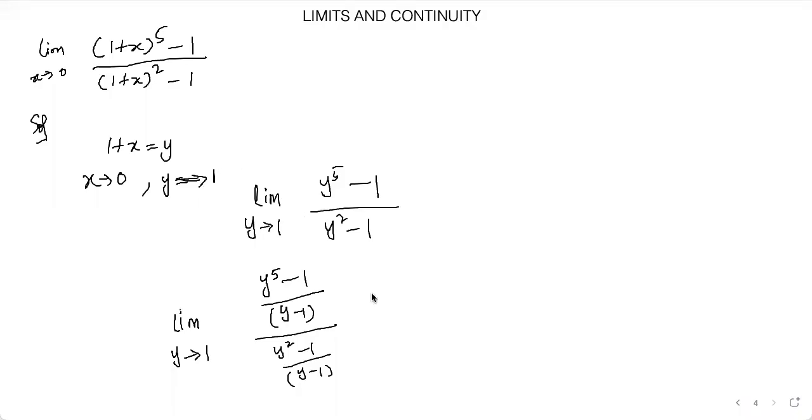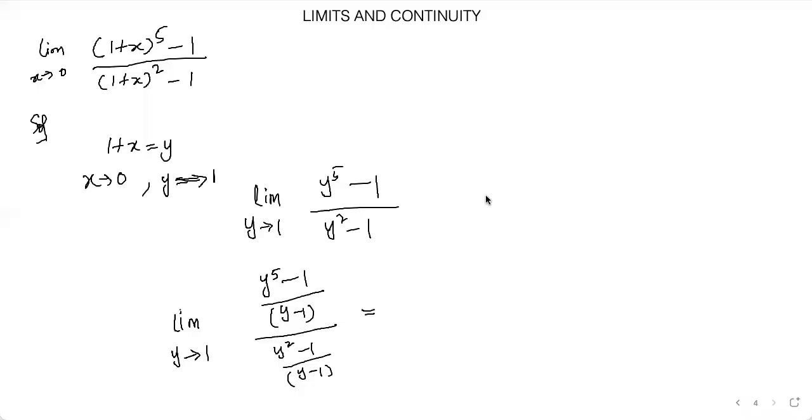So in the numerator, you'll have 6 into 1 power 5, I mean, this 1 minute.